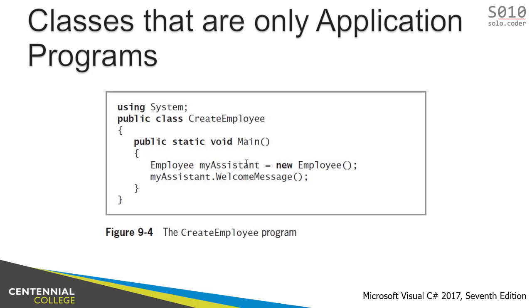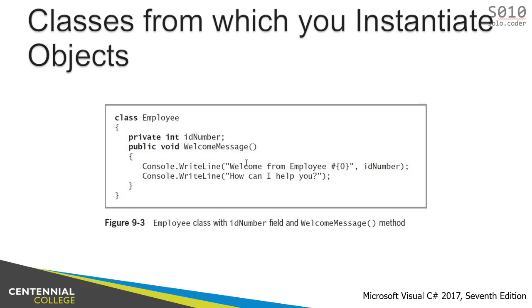But even before we get to the methods, there is a bigger question. Where's the class? Which class? Employee. Where's Employee? Okay? So here's Employee. We have the class Employee.